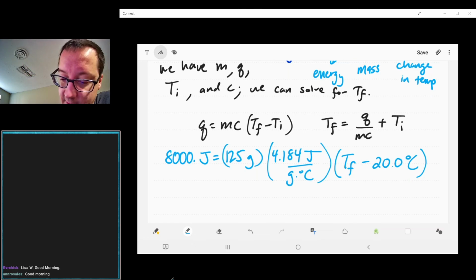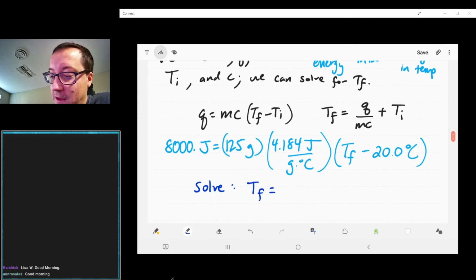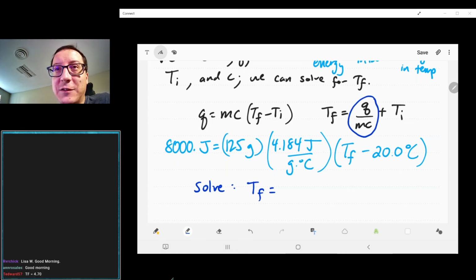And it looks like if you solve this equation, you get that the final temperature is going to be, oh gosh, we have to worry about sig figs. Always sig figs are troublesome, right? If you go ahead and do all this fun stuff, notice that we're going to have it in kind of this multiplication division term. Should not be 4.7 because we're starting at 20, we're giving it heat. So double check your answer there.